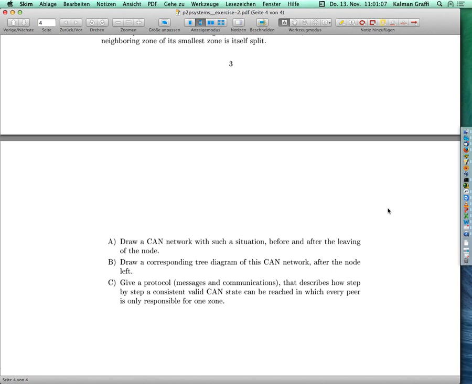Now N is also responsible for this part, so for A's part, and we have this case. That N is responsible for this L-shaped zone. It's not ideal, but it's okay. Okay. So N is now responsible for this part.